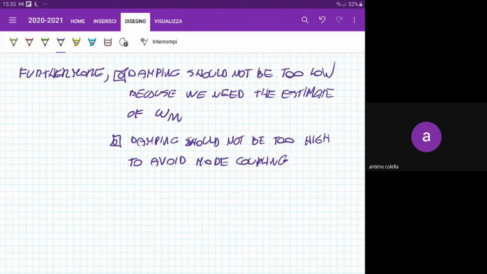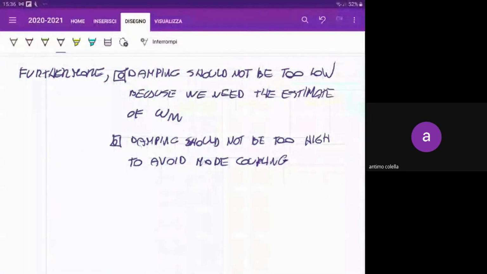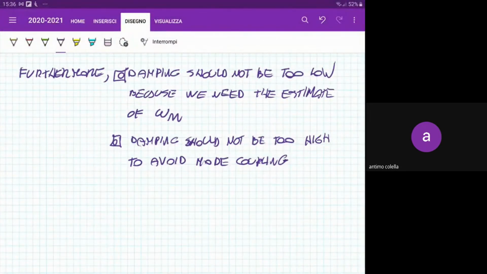For example, you can have an infinite value if there is zero damping when you are at the natural frequency, and a finite value when you are a little bit out of this natural frequency. So this very high sensitivity of the frequency response function value with respect to the natural frequency could affect a lot the estimate from the experimental point of view.